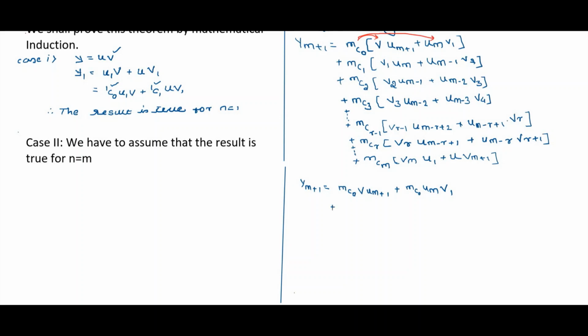Plus, the next term, multiplying with mC1 into this first term, mC1 into the first term is mC1 v1 u_m, plus, now mC1 into this second term is mC1 u_(m-1) v2.